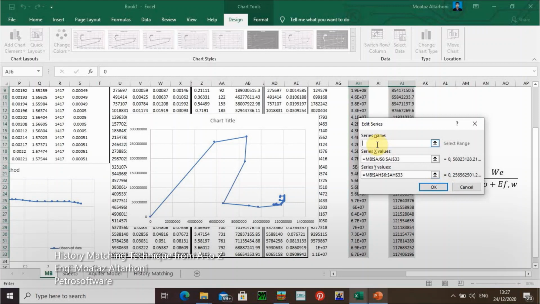What's this graph method? Okay, I calculated in case 3, water influx.